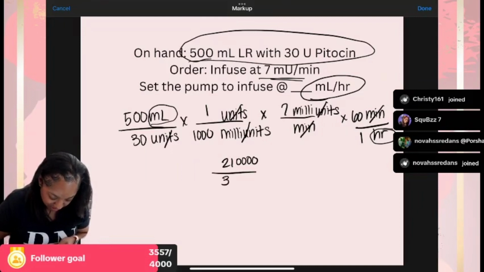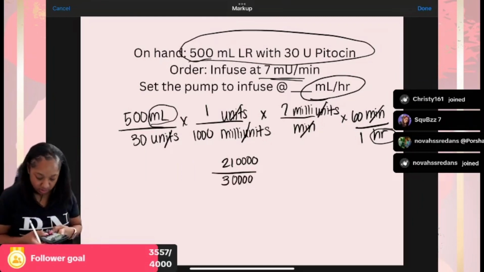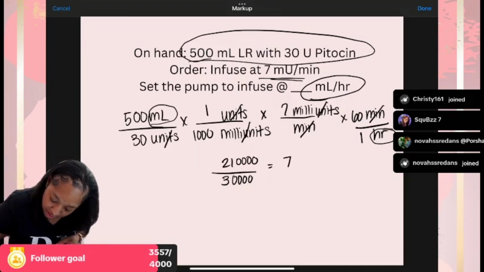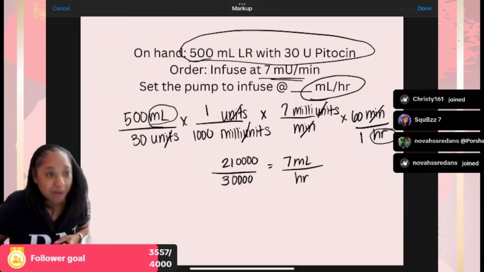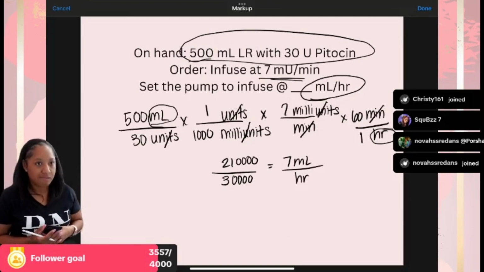I love a good competition. 1, 2, 3, 4. So 21,000 divided by 3,000 equals 7 milliliters per hour. I think y'all are getting it.